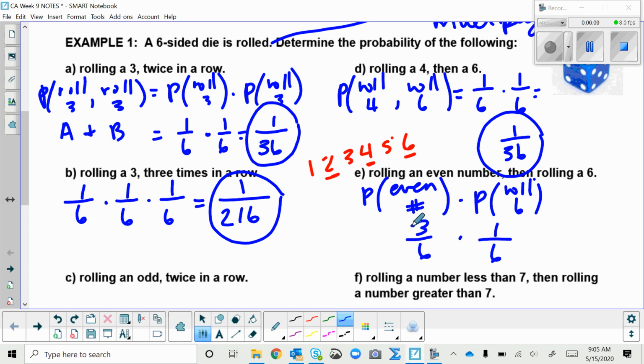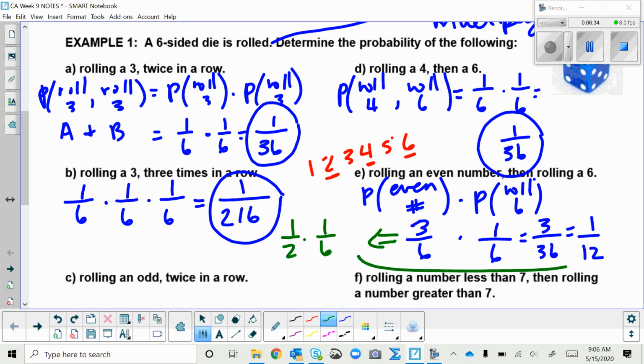You could multiply straight across here and get 3 out of 36, and then simplify by dividing the top and bottom by 3 and getting 1 over 12. If you simplified the 3/6 immediately and got 1/2, you'd still get the same answer, because now you'd have 1/2 times 1/6, which is still 1 out of 12.